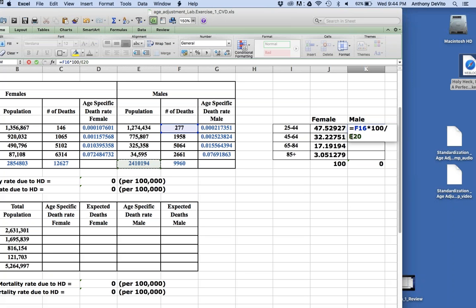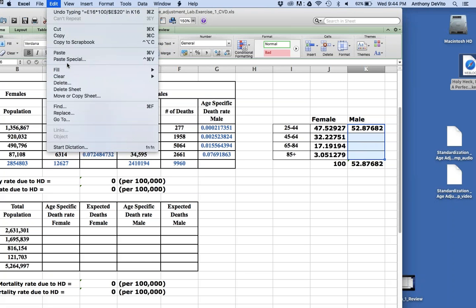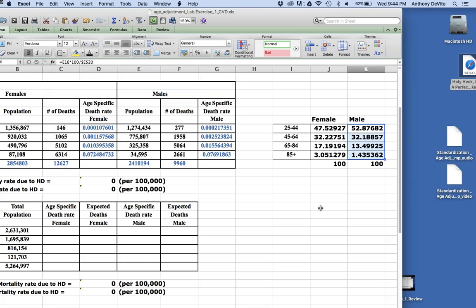And again, I think I made a mistake here somewhere. That should be E, right? Okay, and then I'm going to put a dollar sign in front of this and a dollar sign in front of this. Hit enter, so that when I copy this down, it'll always be dividing by the total population. It won't move that number.